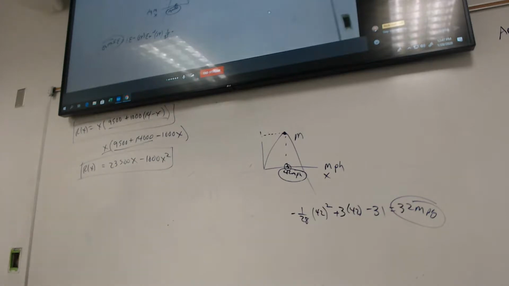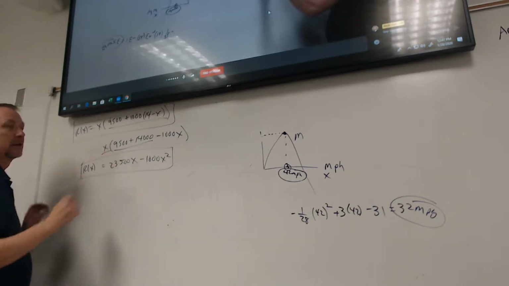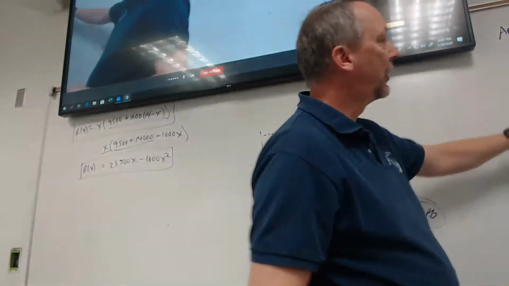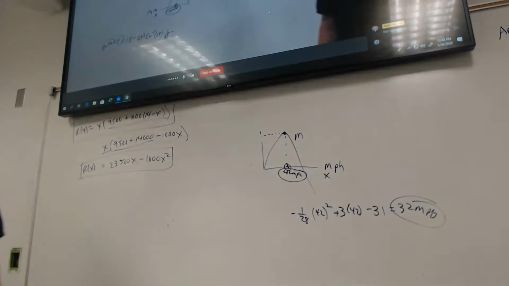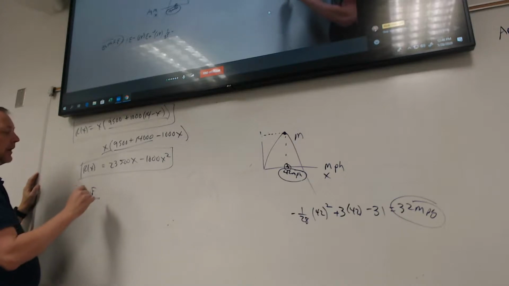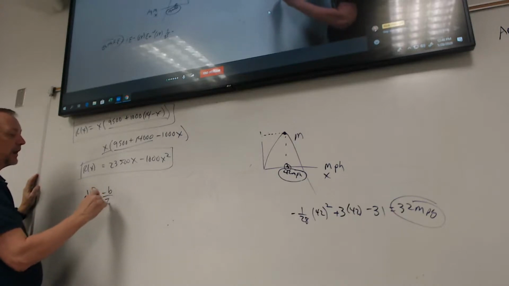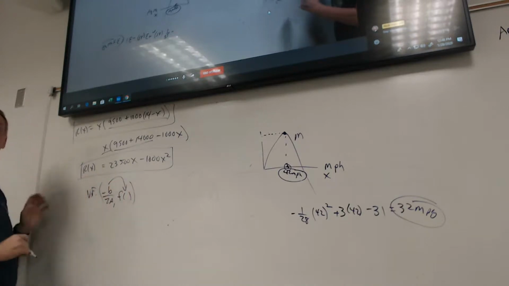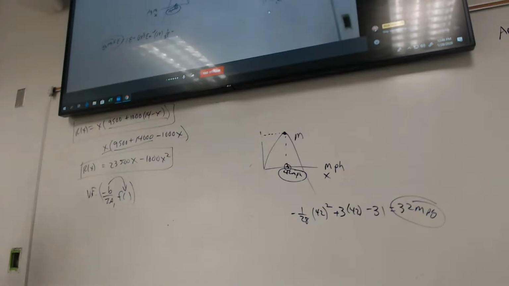Now the question is, what do we do next? So we've done part A, we've found our function. What is the price that maximizes the revenue? And I'm going to find that with what, James? The vertex formula. Okay, so that's going to be negative b over 2a, f of whatever number we find. So what's negative b over 2a? Positive 1,000.